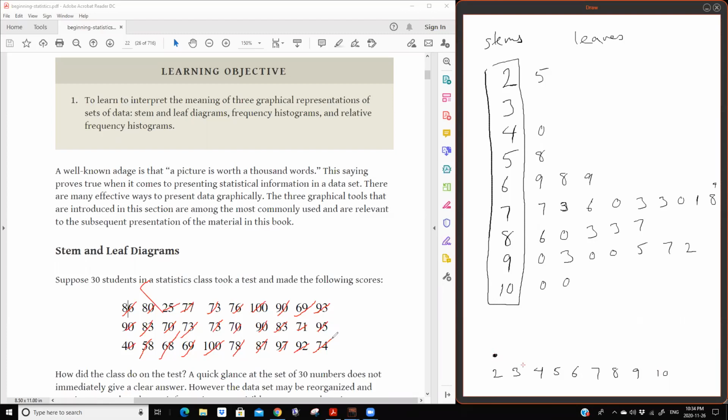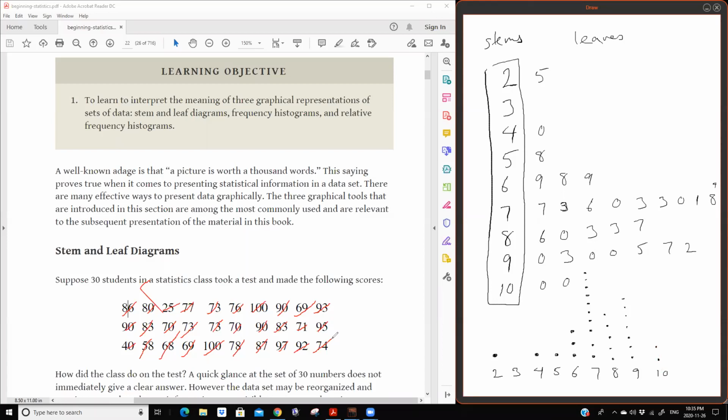There is no dot for 3 or 4, just 1 dot for 5, for 6 you have 3 dots, for 7 you have 10 dots, for 8 you have 10 dots, for 9 you have 7 dots, and finally for 10 you have 2 dots.